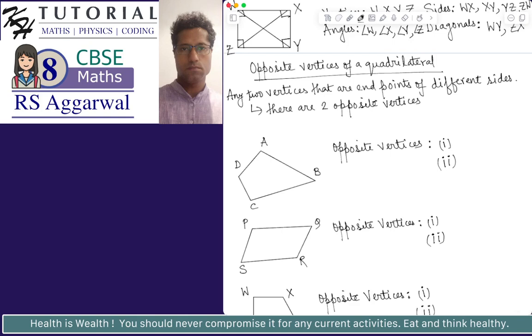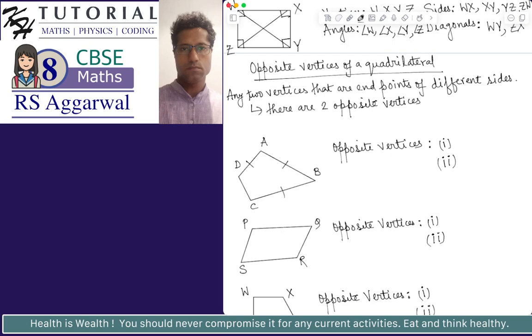As you can see, the side AB has endpoints A and B. The side BC has endpoints B and C, and the side CD has endpoints C and D.